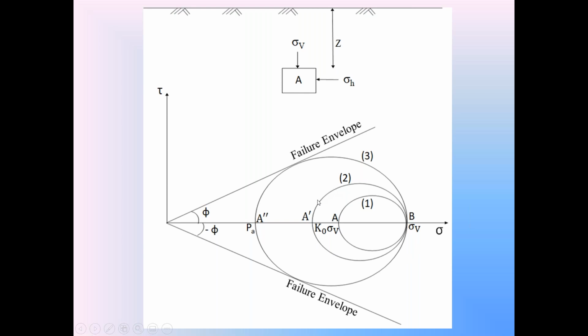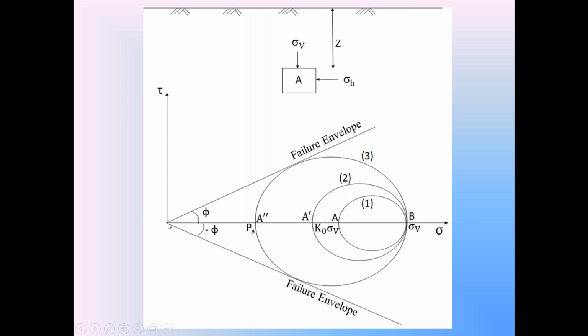We know that when the retaining wall in the active condition moves away from the backfill, there is a horizontal stretching in the backfill. Due to that, the horizontal stress sigma H gradually decreases. When sigma H decreases, the point A moves, meaning a decrease of length.